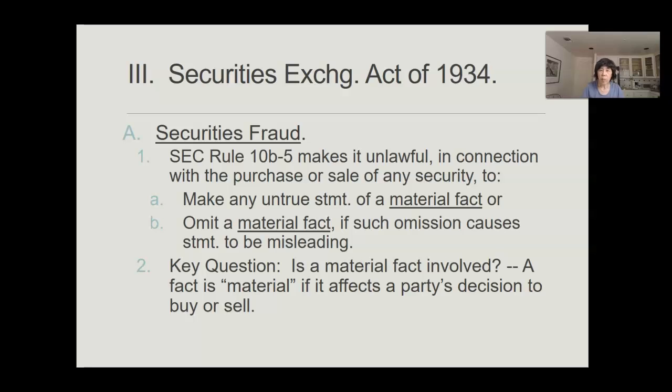To review, what's required for securities fraud? 1, a material misrepresentation or omission. 2, scienter, which is a Latin word for intent. 3, reliance by the plaintiff. 4, damage or loss. And 5, causation, a link between the misrepresentation and the loss.